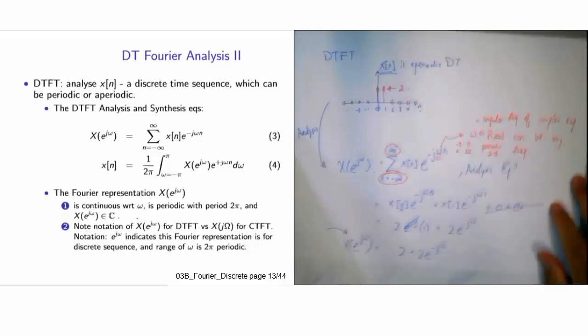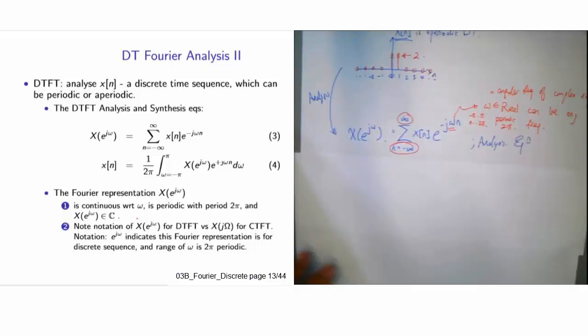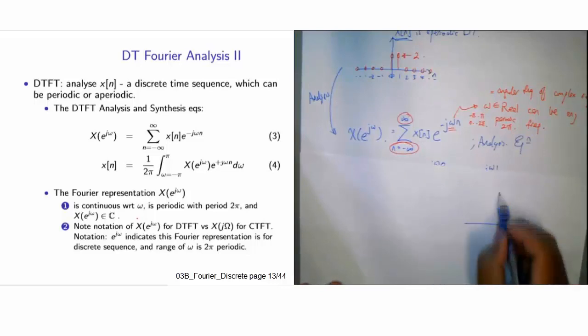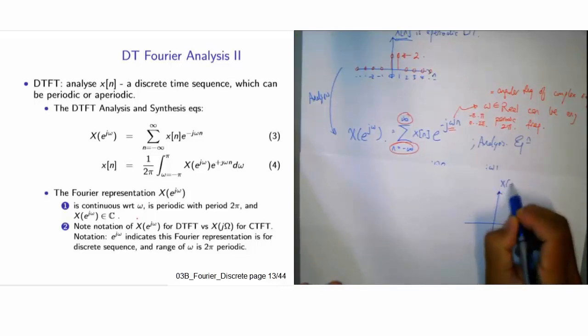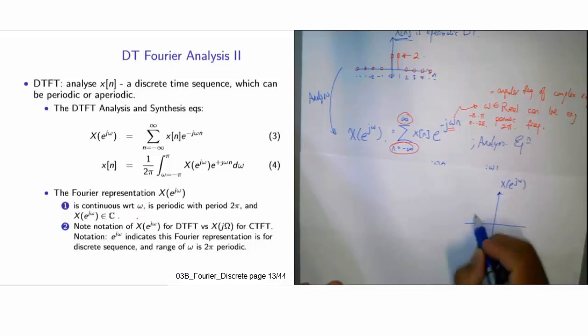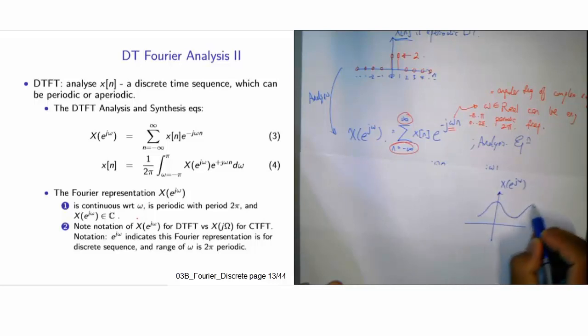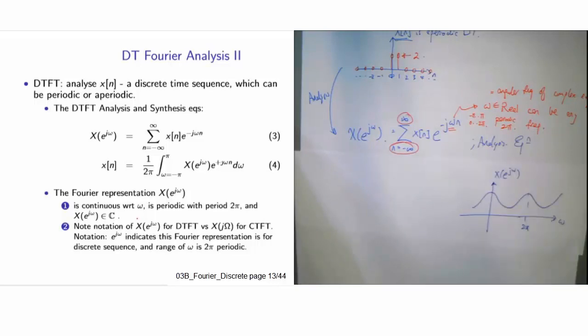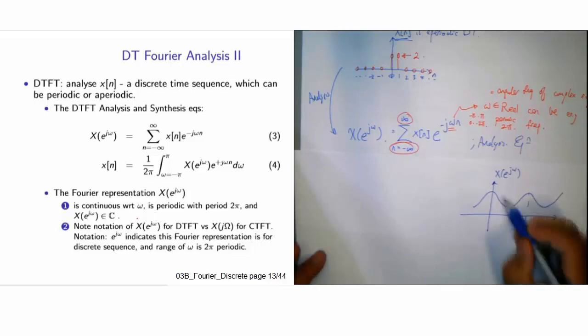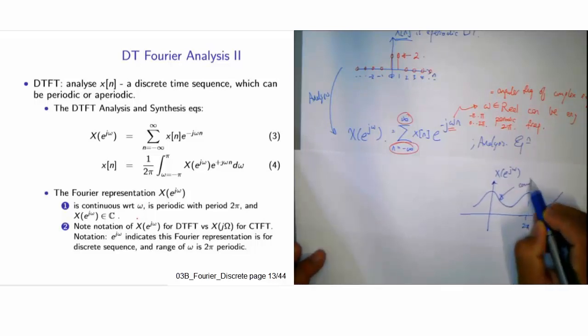Now, I've shown you the analysis equation. You will now realize that X(e^(j omega)) is periodic. Later on, if you plot X(e^(j omega)), it is always periodic with 2 pi. That's one. Two, it is continuous.